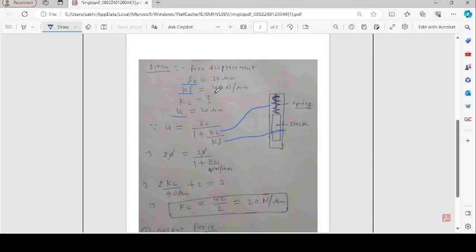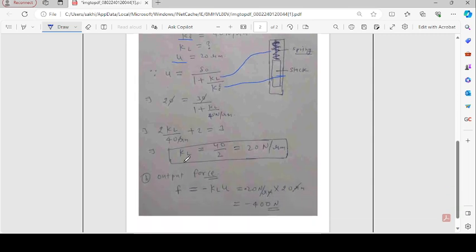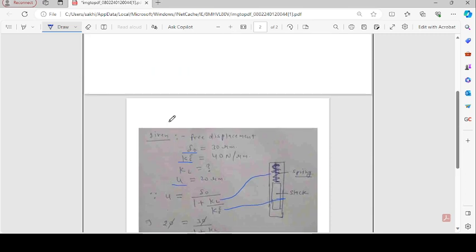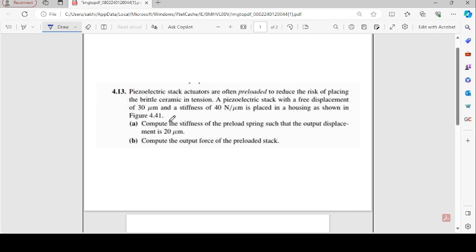Solving this, we get the stiffness of the preload spring as 20 Newton per micrometer, right? That's how we can calculate the unknown parameter from the displacement equation of the piezoelectric material. This was our first question, so we have completed it.